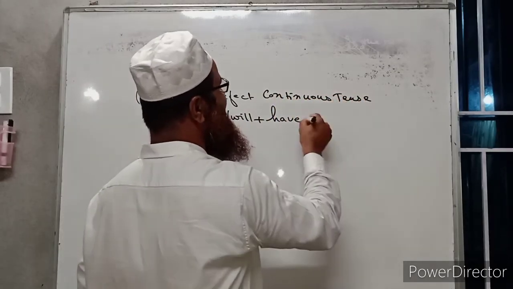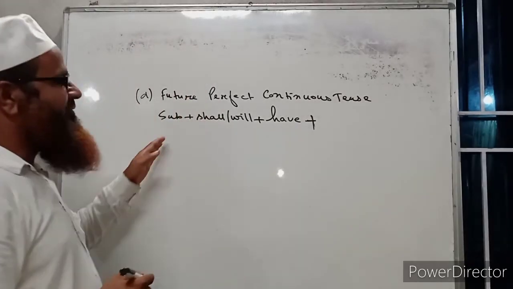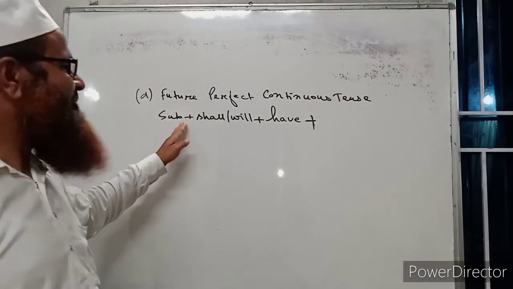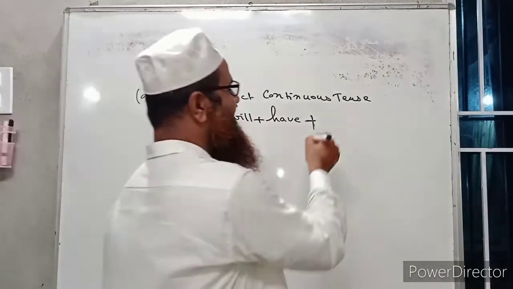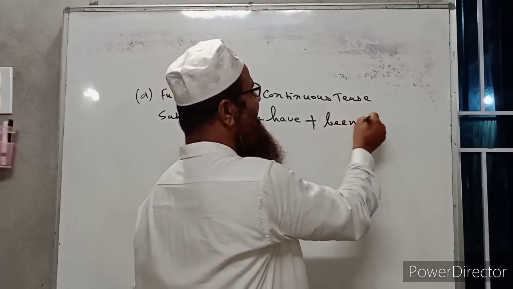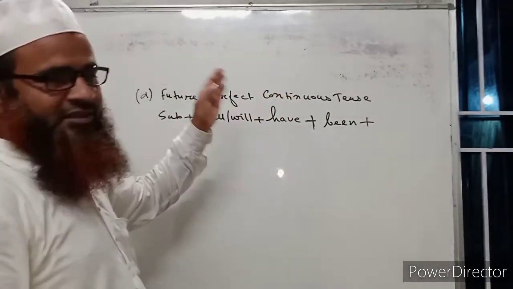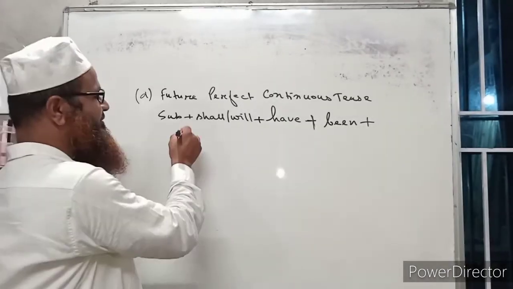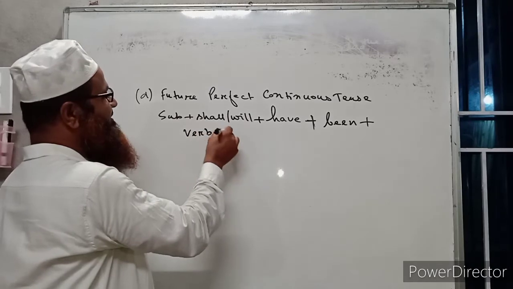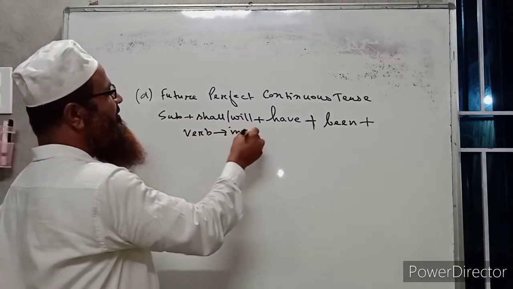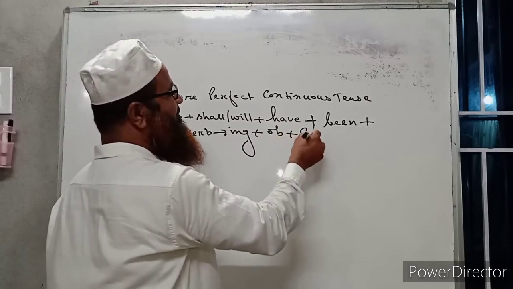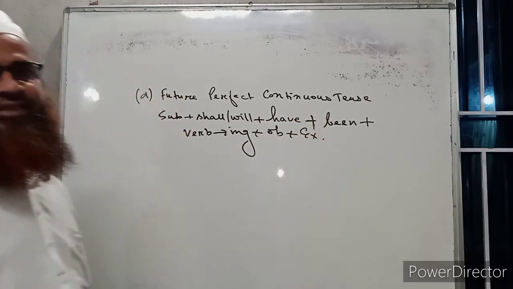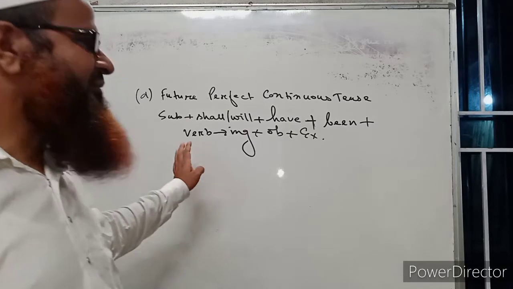The structure of this tense will be subject, shall or will, have, then been will come. Then, as it is continuous, verb with ing will come. Then we may write an object if the verb is transitive, and for other words we can write extension. So this is the end of tense.